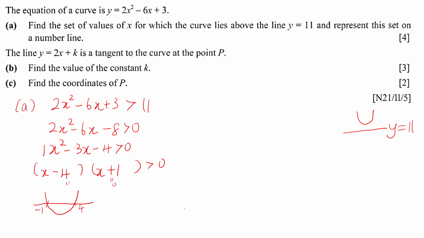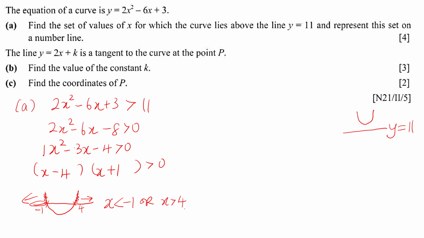So the region that we are interested in will be more than 0, this part of your curve. And the corresponding x values will come from this line here, which is anywhere that's less than -1. The other region is this, right? So therefore, the answer will be x less than -1 or x more than 4.